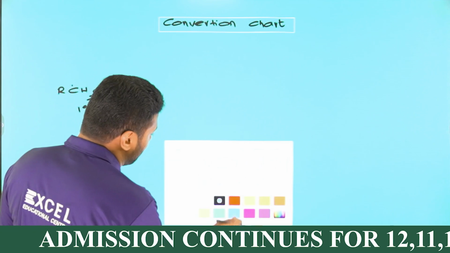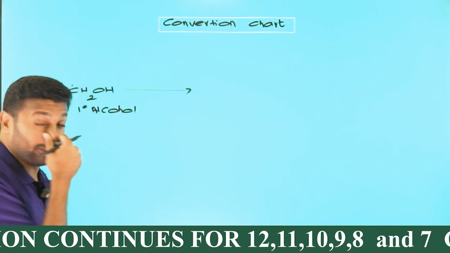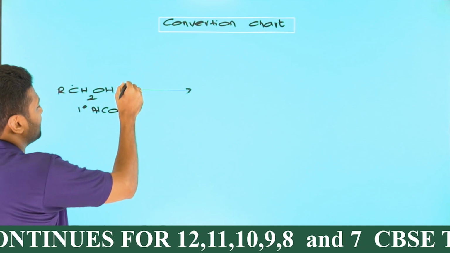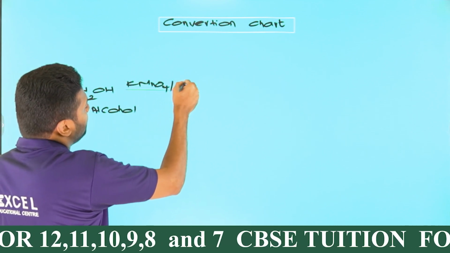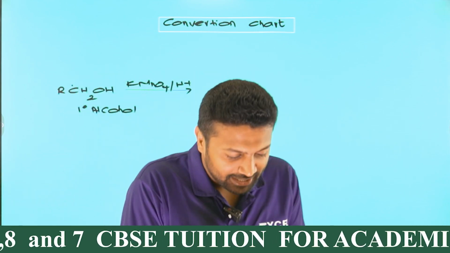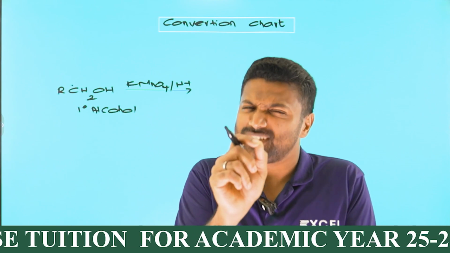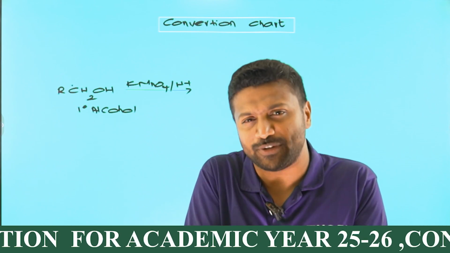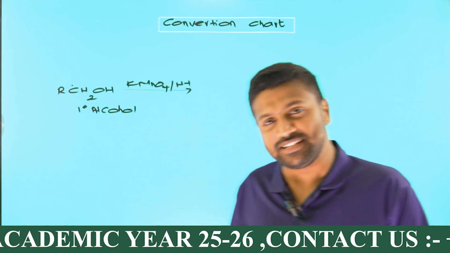I'm passing this primary alcohol over strong oxidizing agents, such as KMnO4 in presence of H+, KMnO4 in presence of OH-, K2Cr2O7 in presence of H+, HNO3, H2CrO4, any strong oxidizing agent.